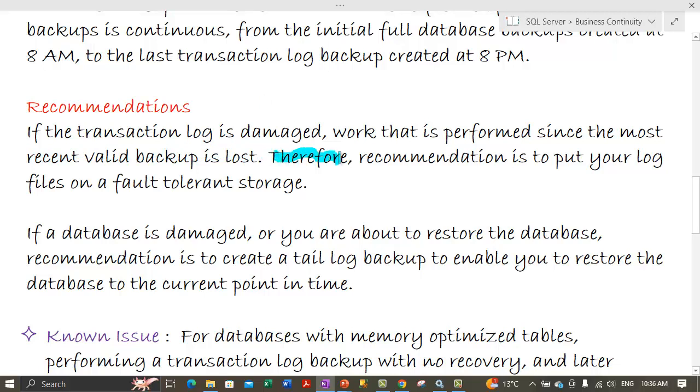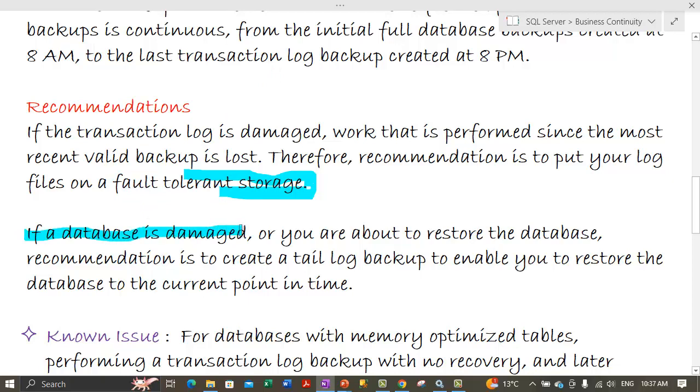Therefore, the recommendation is to put your log files on fault tolerant storage, so that they do not become damaged. Otherwise there are chances of losing work after the last successful transaction log backup. So always put your transaction log files on fault tolerant storage.